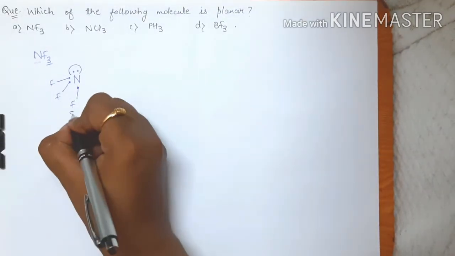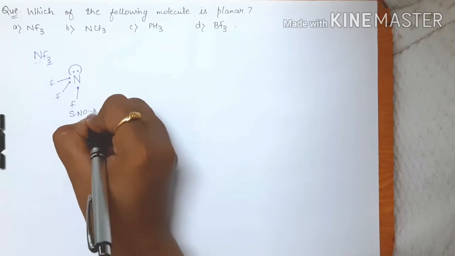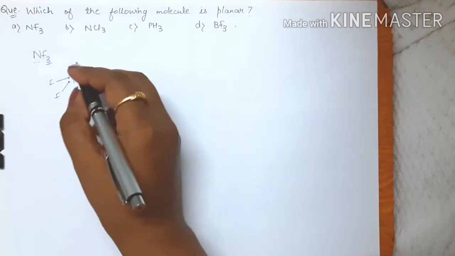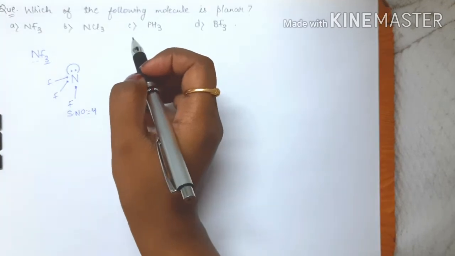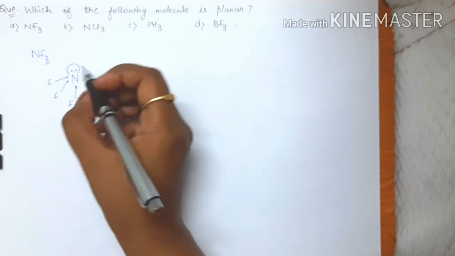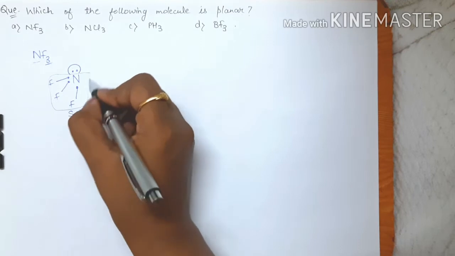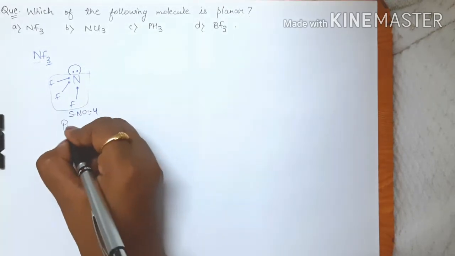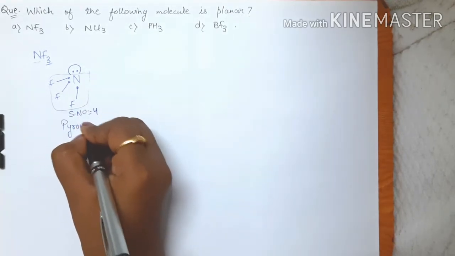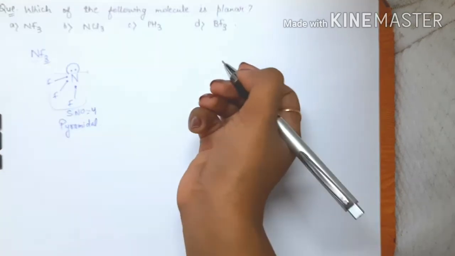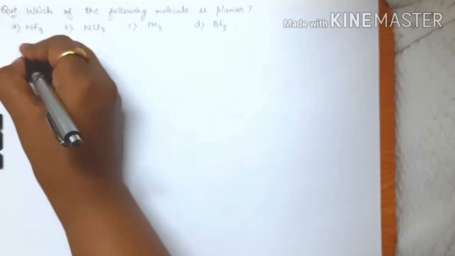In this case the steric number comes out to be 4, and if I want to get into the shape of this molecule, then the shape is going to be pyramidal, right? So the shape is pyramidal here, just like the ammonia molecule.